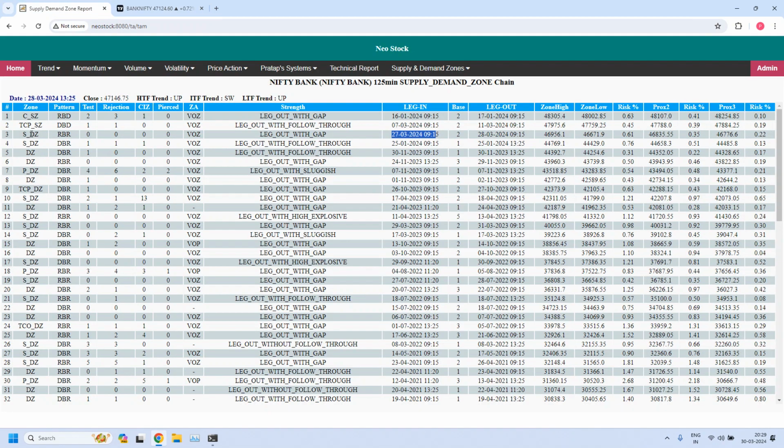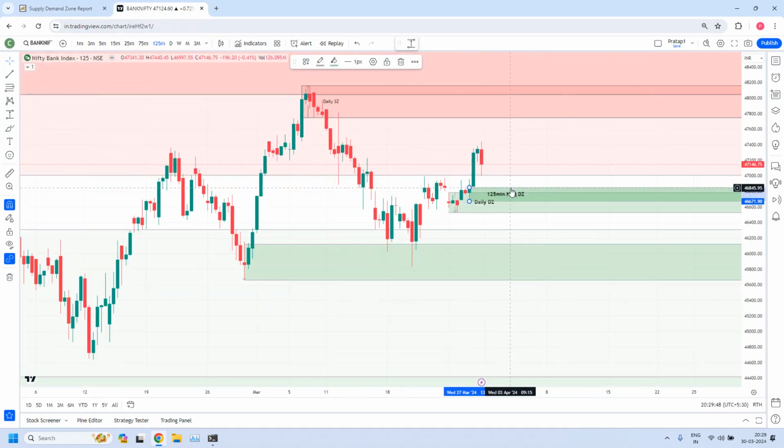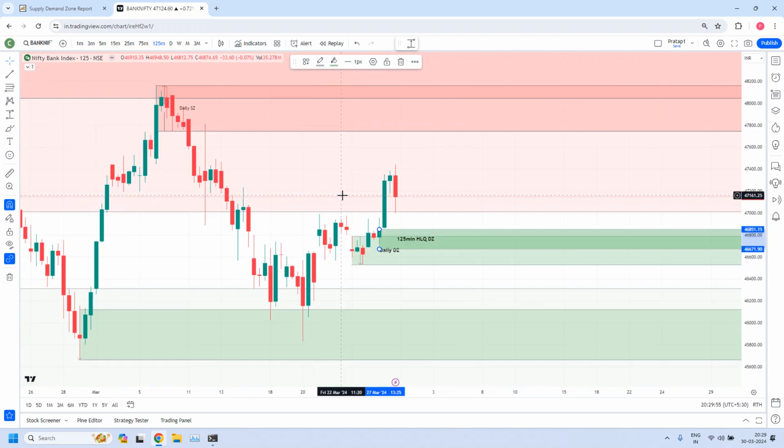Next, what is the immediate supply zone? That is also a high liquidity zone. When it was created: 7th March 9:15, after the 2 base candles. Yeah, this is the one. We have a drop, 2 base candles and a drop.